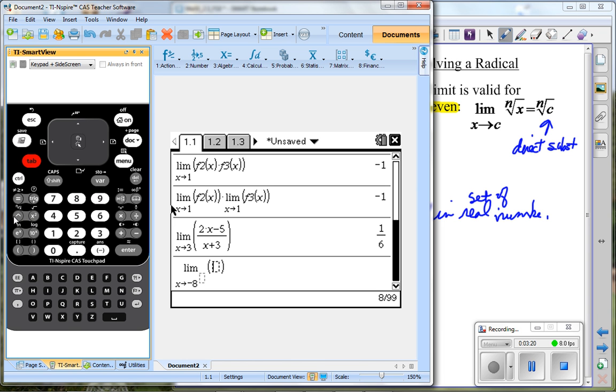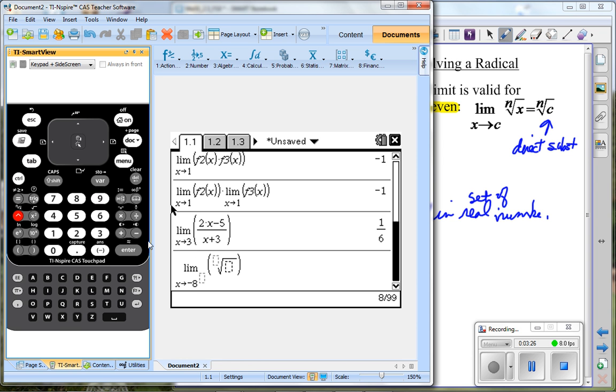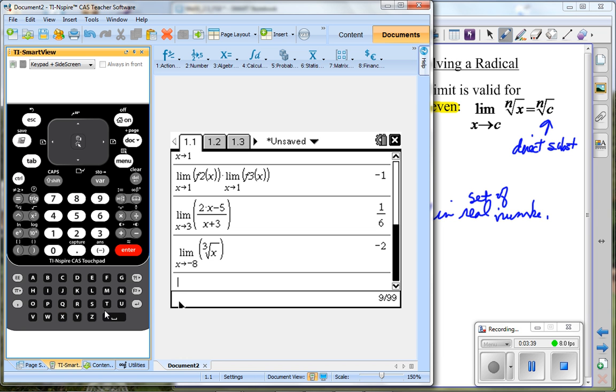What we have to do is go to the control on the exponential that allows us to put any root index in. So we have the cube root and then tab to get inside the radicand of x, and our answer is -2, as we expected.